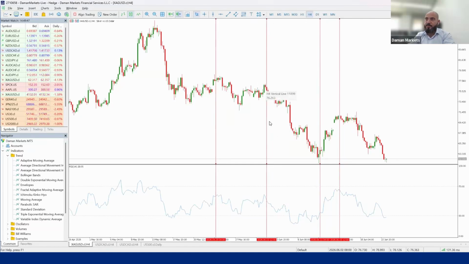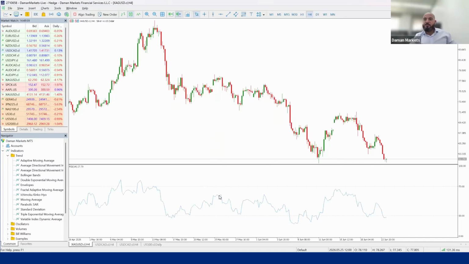This is the top of the price. This is the top of the oscillator. Same vertical level. But what do you notice here? This top is lower than this top. This top is lower than this top.